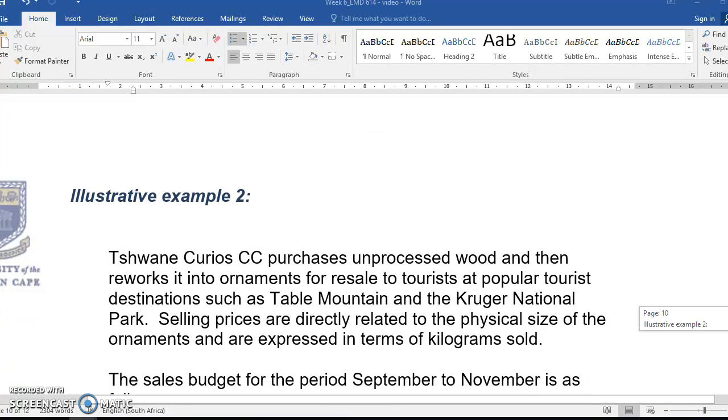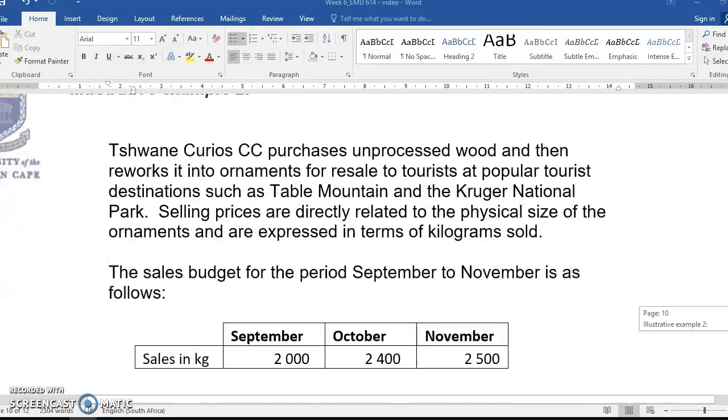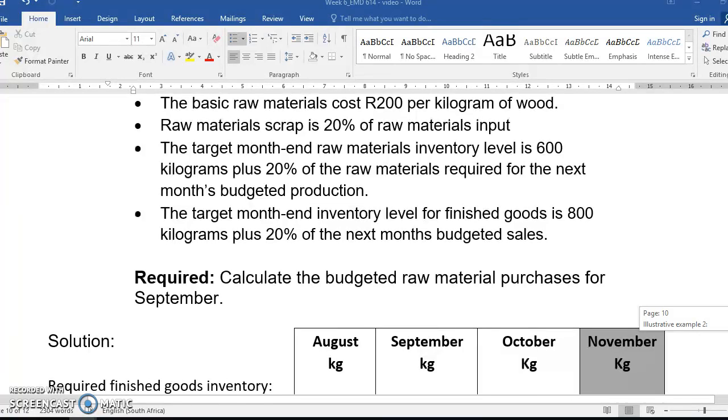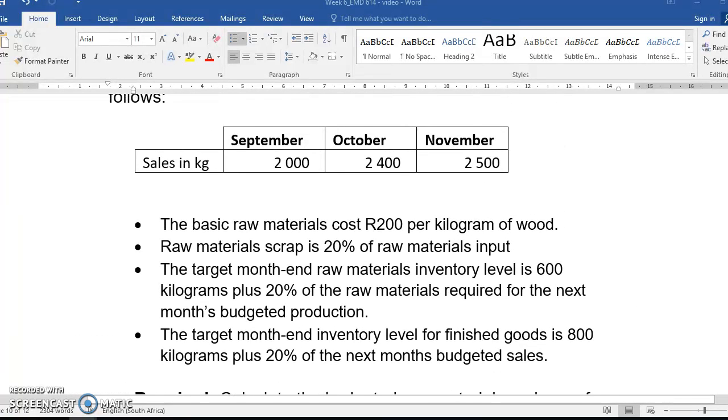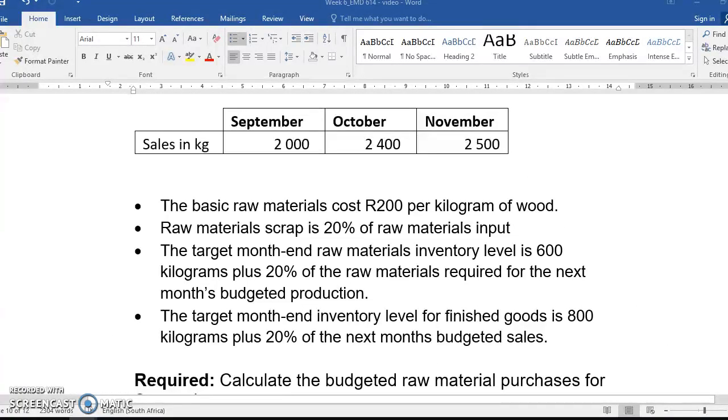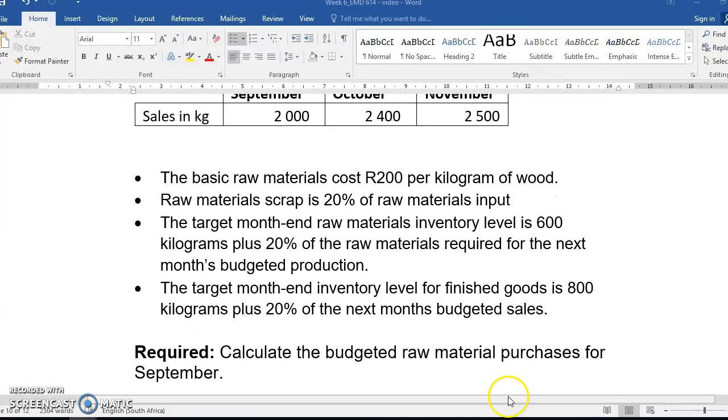Hi everyone, so we're busy with illustrative example 2, which really flows from the previous concept of the production budget, and in this example we're doing the raw material purchases. The required task is to calculate the budget of the raw material purchases for September.